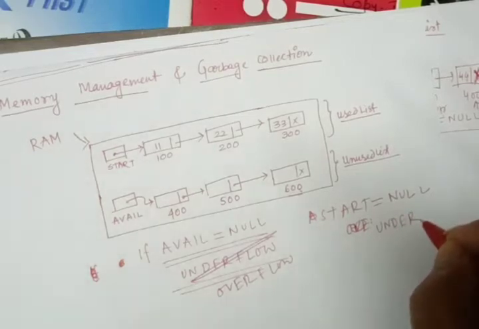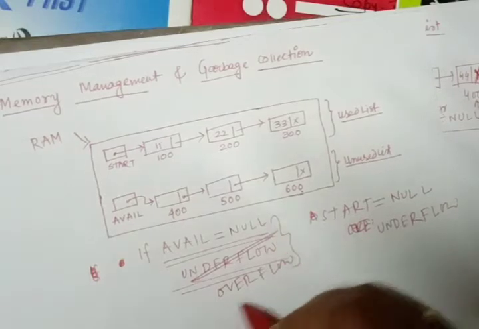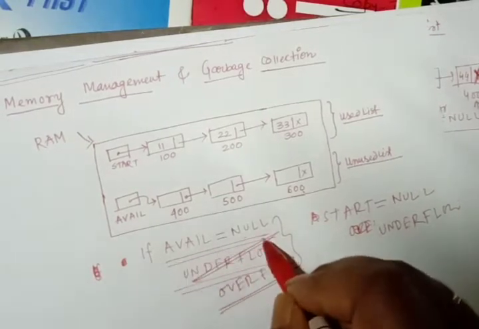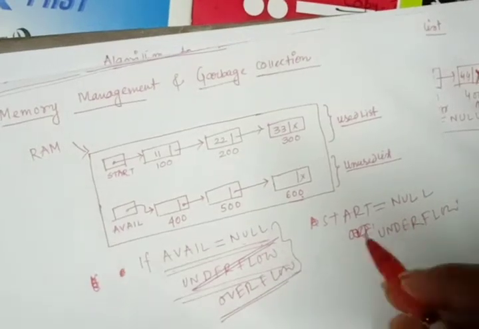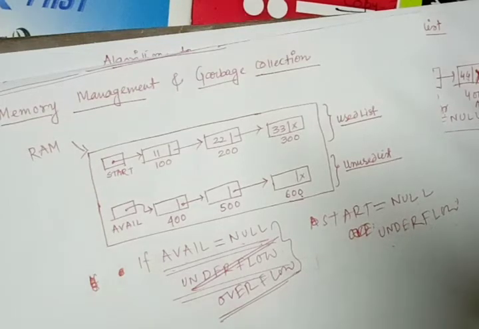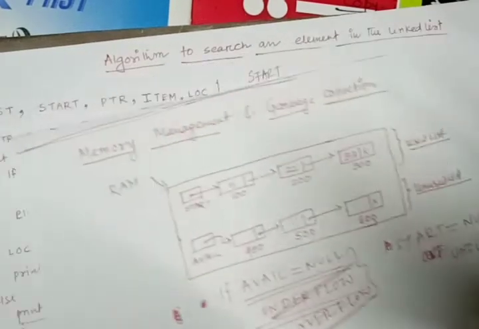So these two conditions we will encounter. In case of insertion, overflow may be encountered if avail is equal to null, and in case of deletion, if start is equal to null, then underflow will be encountered. So these are the things that we have to remember in case of inserting a new node or deleting a node from the list.